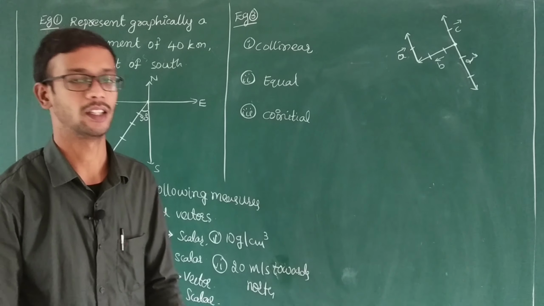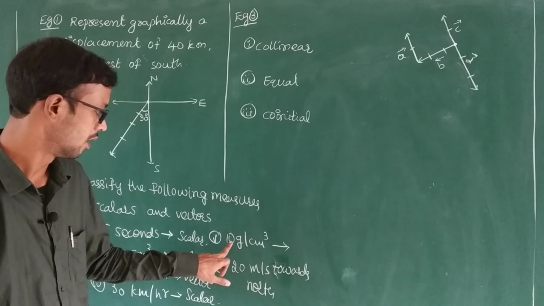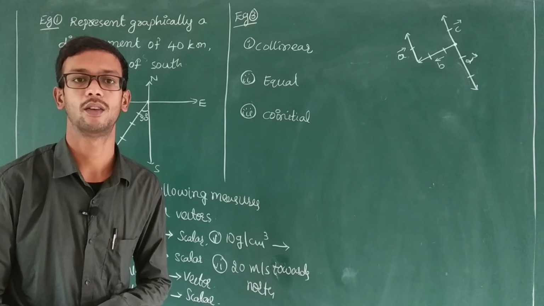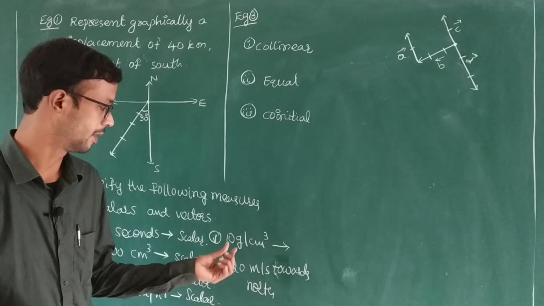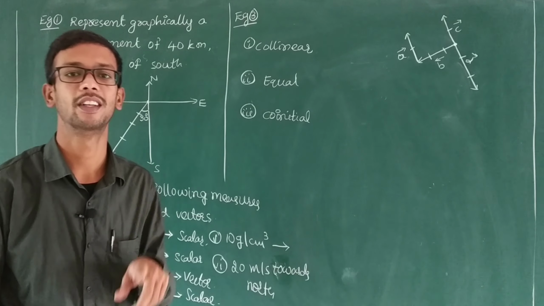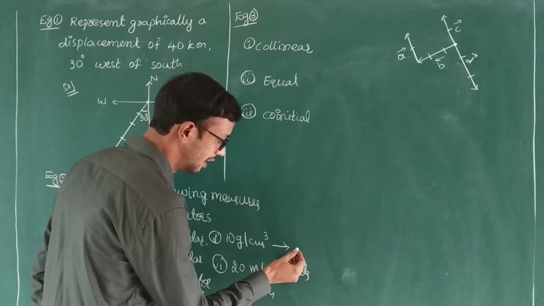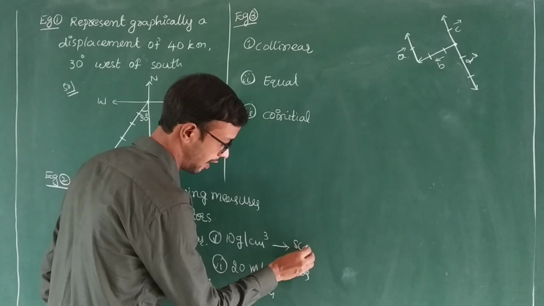Speed has only magnitude. Next, gram per centimeter cube is mass by volume, which is nothing but density. Density doesn't have a direction, so it is a scalar.